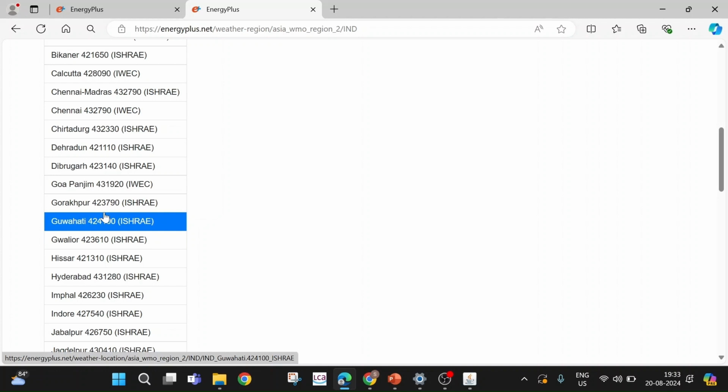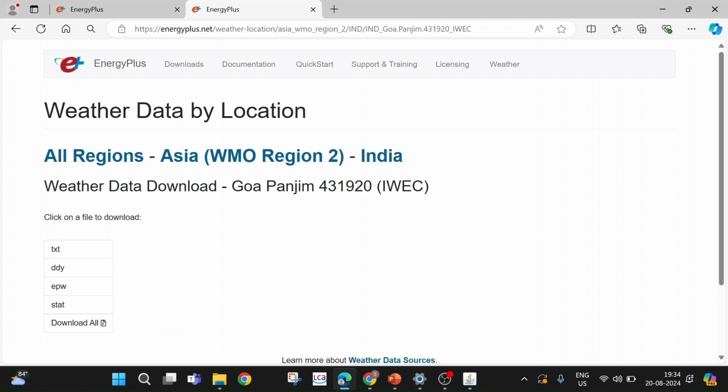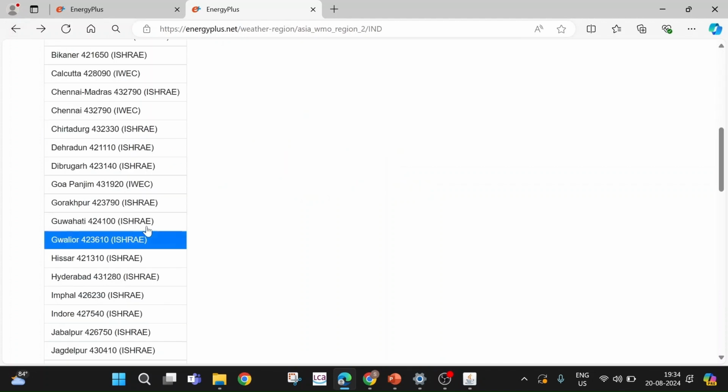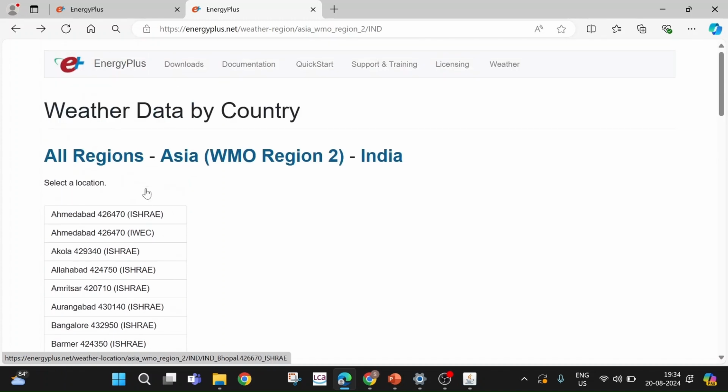Excuse me, sir. I see that for Goa and Ahmedabad, other than ISHRAE, IWEC is there. What is it, sir? So this is also the weather data files only. When you click it, whatever is written, ISHRAE files, these are all the file formats.